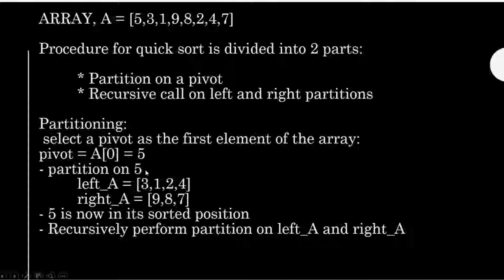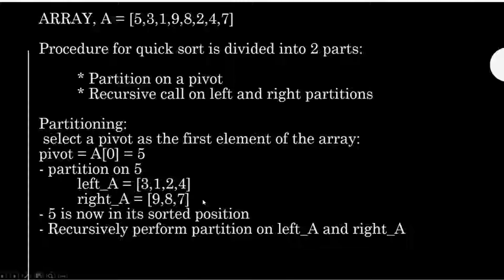So I perform a partition on this array on my pivot. What does the partitioning mean? It means that I sift through the entire array, and all the elements that are less than or equal to my pivot I put on the left, and all the elements that are strictly greater than my pivot I put on the right.